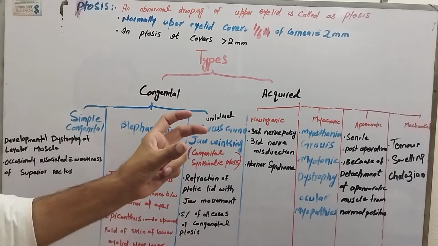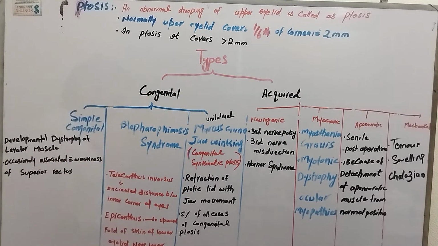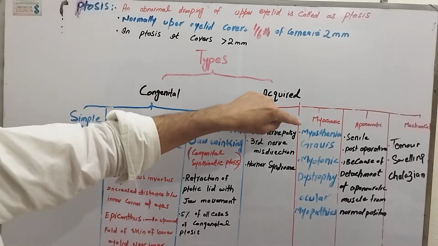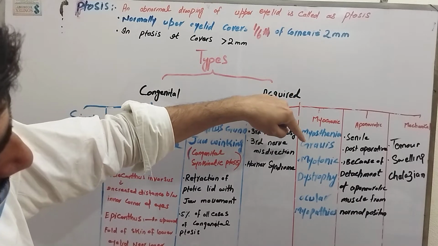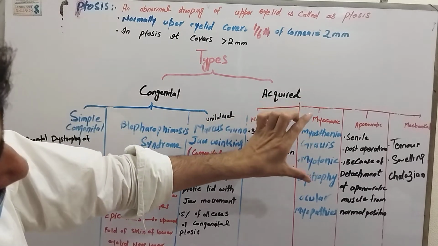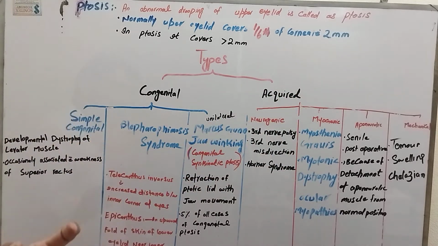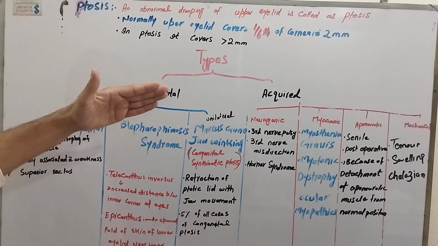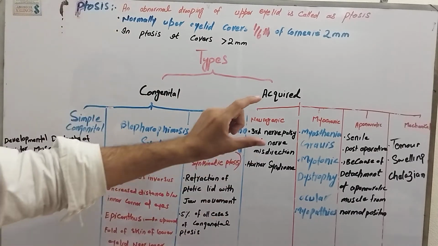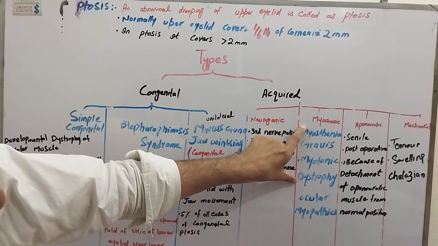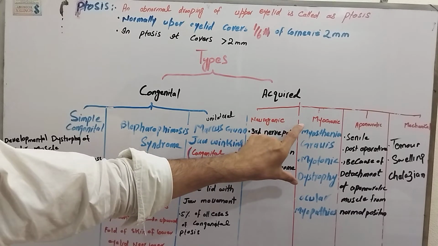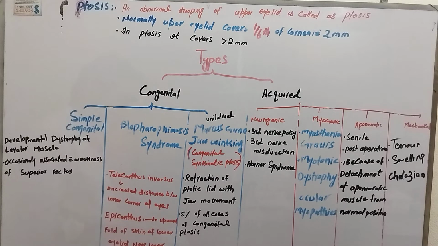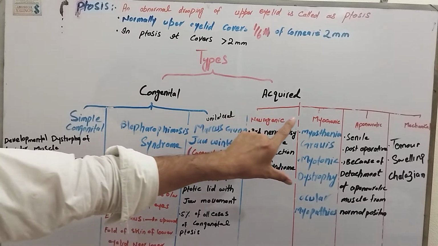Myogenic. What is myogenic ptosis? Here there is impairment of transmission of impulses from the nerve to the muscle at their junction, because of diseases such as myasthenia gravis and myotonic dystrophy.